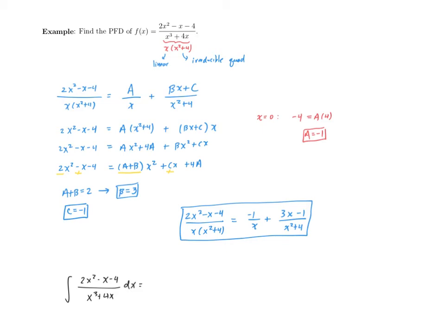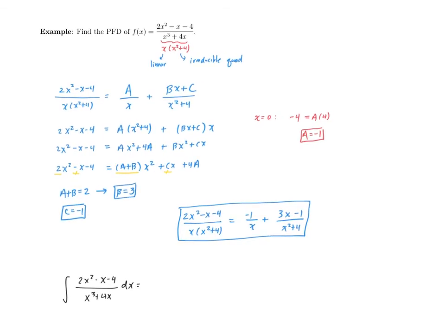Now that we've found the PFD, we are in an ideal position to integrate this rational function. It's also worth noting that the typical question that we might ask you is not necessarily to find the partial fraction decomposition, but instead we would just say evaluate the integral.